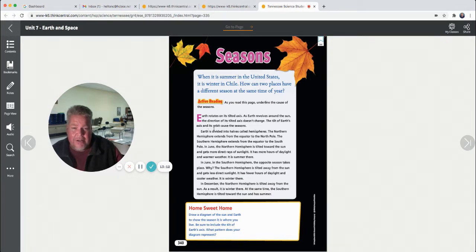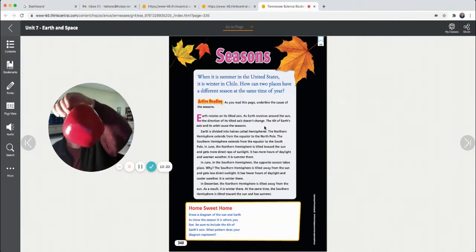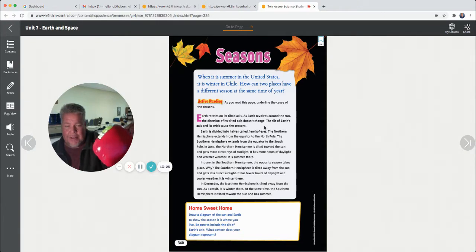The tilt of the Earth's axis and its orbit cause the seasons. So as the Earth is revolving around the sun, its tilt stays the same. It doesn't tilt the other way, then tilt back this way. Its tilt is always like this. I'll show you what I mean in a minute.